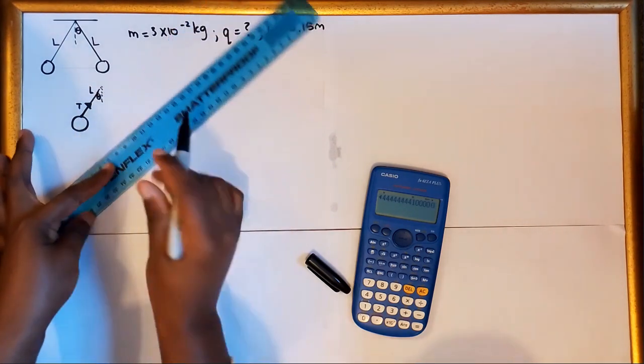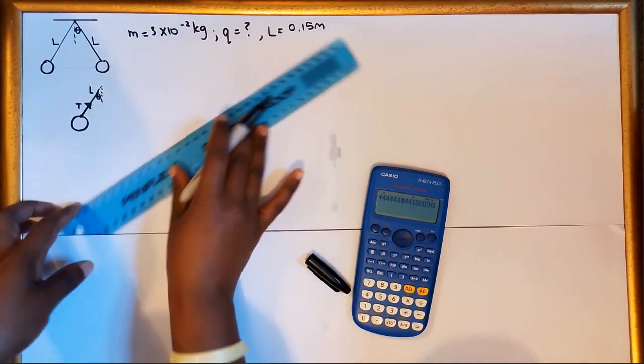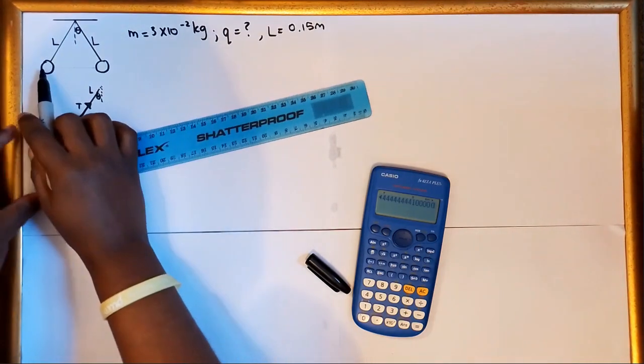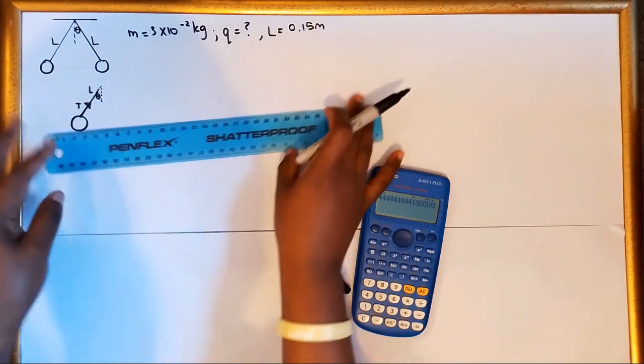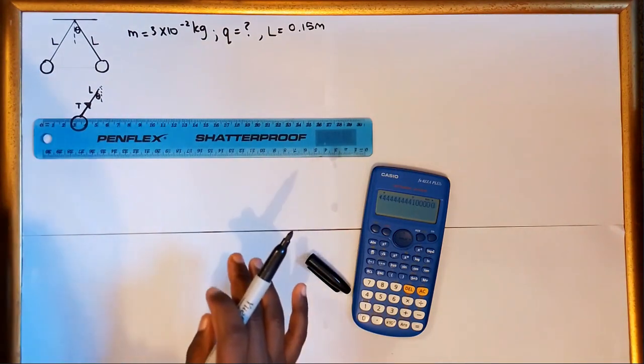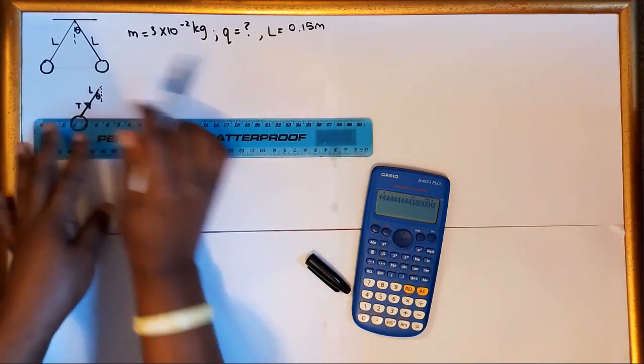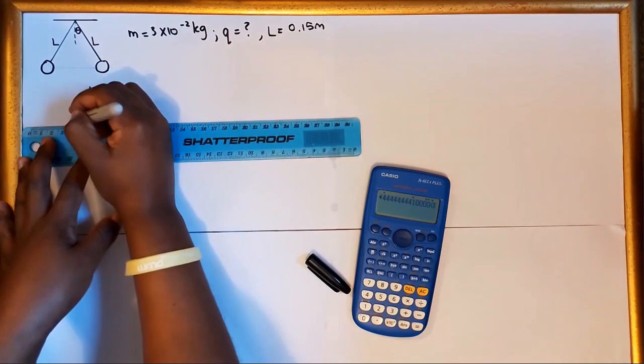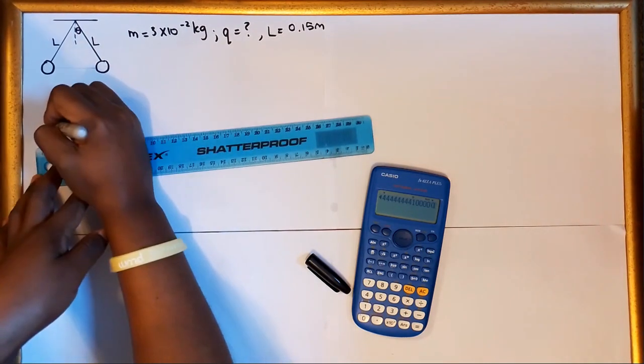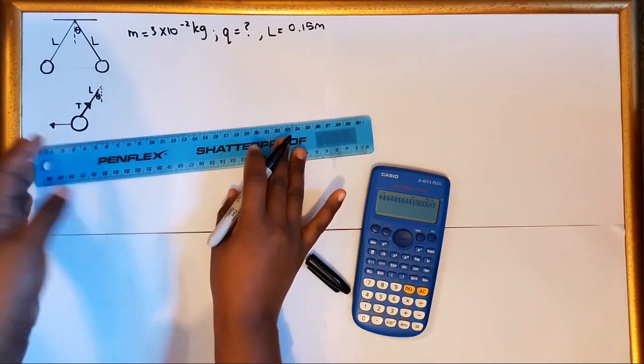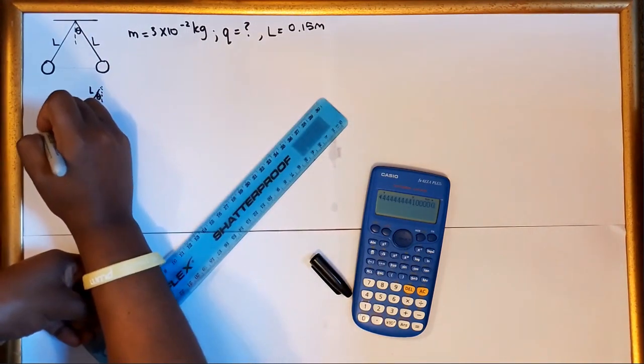What else do we know? We know that this sphere has a repulsion force going to the left as a result of the other sphere. I'm just going to write here FR.